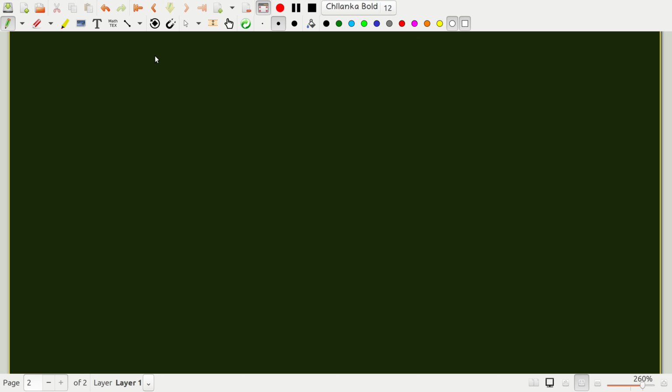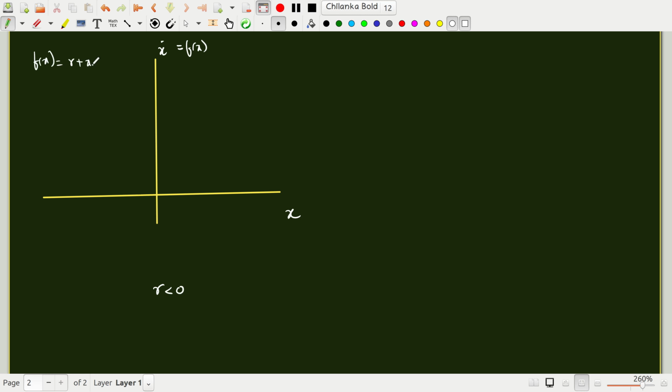To understand the nature of the flow, I will first plot x dot equal to f of x as a function of x. First let's consider r less than 0. Remember, f of x is r plus x squared, so you will have a parabola. When r is less than 0, you will have something like this.